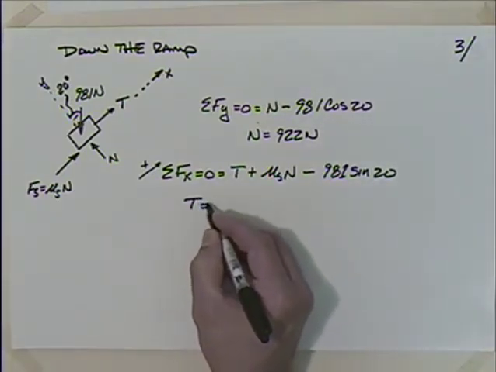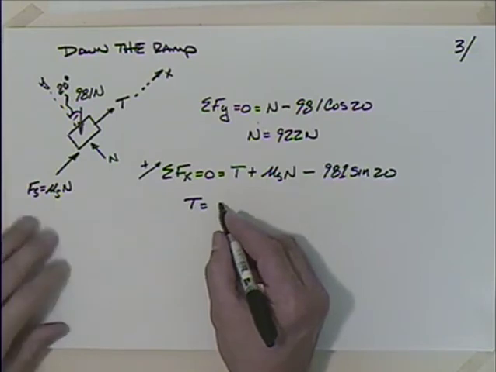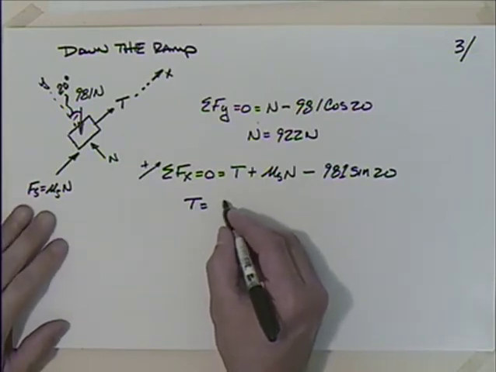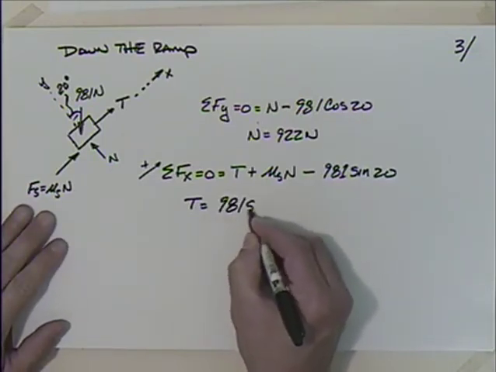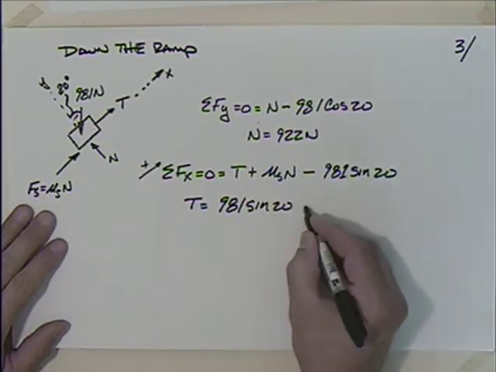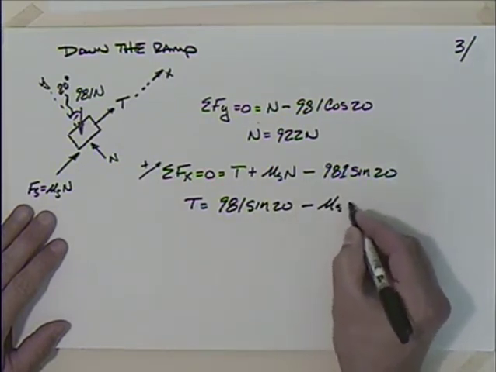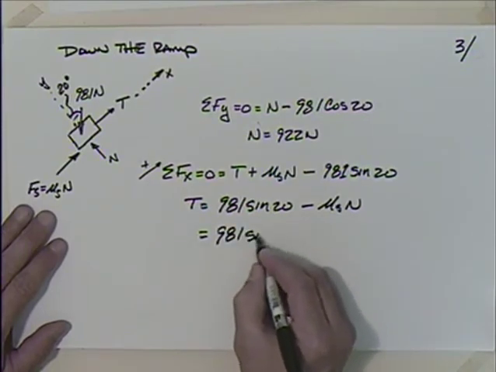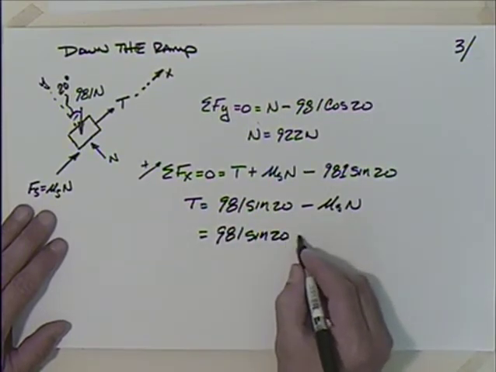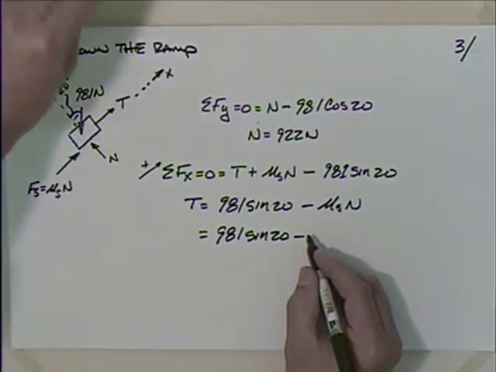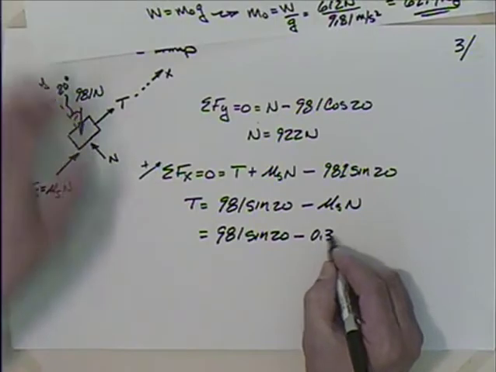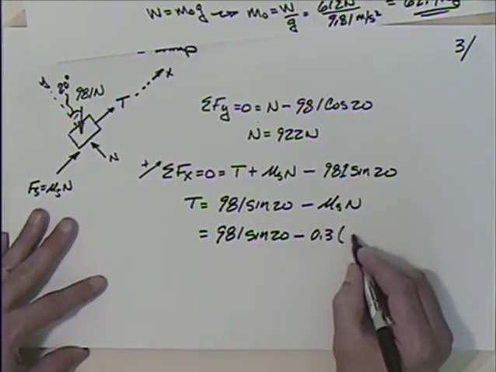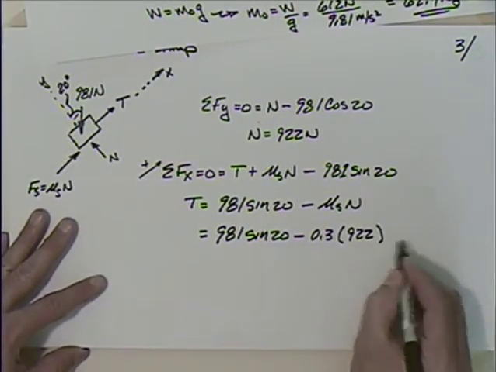T is then equal to 981 times the sine of 20 minus mu sub S times N, which would be 981 times the sine of 20 minus mu sub S, we said that was 0.3, times the N that we found, which is 922.